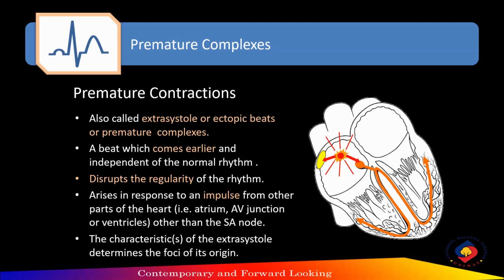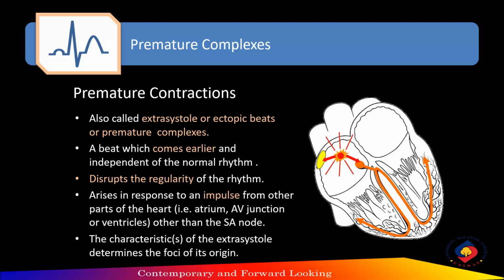Ectopic impulses from subsidiary pacemakers are normally suppressed by more rapid impulses coming from above. However, if an ectopic focus depolarizes early enough before the arrival of the next sinus impulse, it may capture the ventricles, producing a premature contraction.